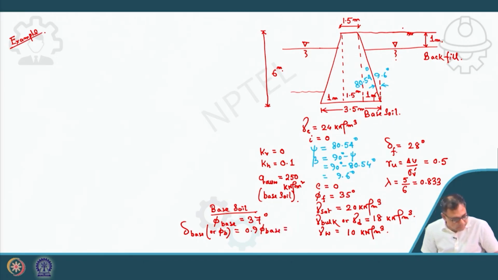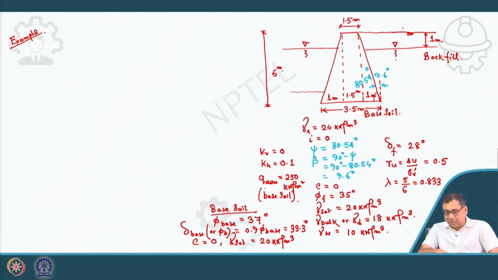So that value will be 0.9 of 37 degrees, so 33.3 degree. And c value is 0, and gamma sat for the base is 20 kilonewton per meter cube. So these are the base soil values.